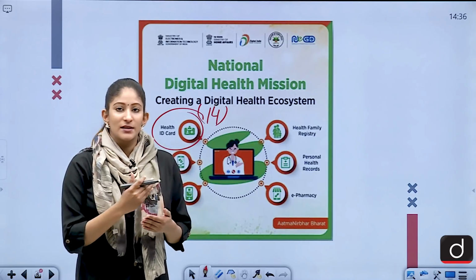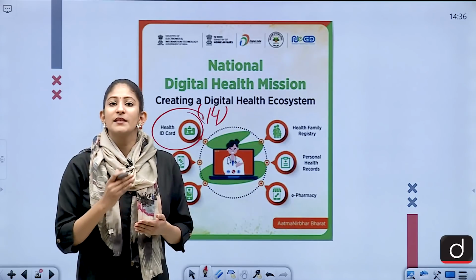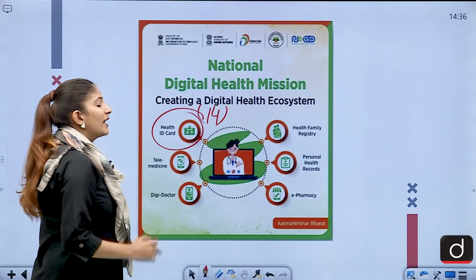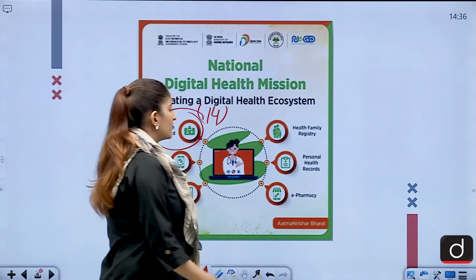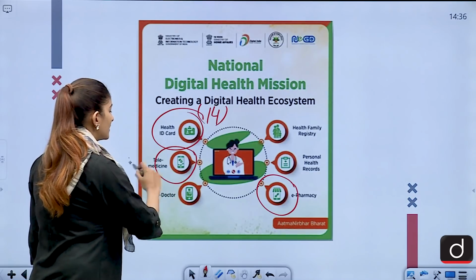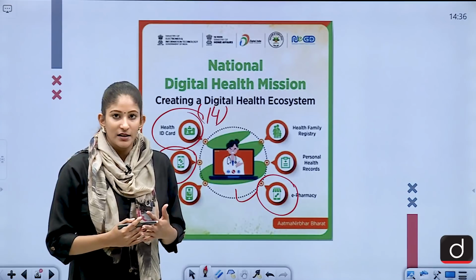Suppose diagnostic reports, the summary of previous discharge, ailments, and everything will be given in the health ID cards. And of course, e-pharmacy and telemedicine are the new tangents of the digital health ecosystem.